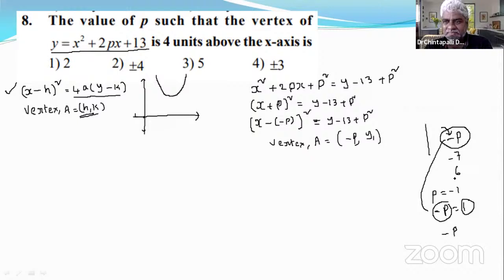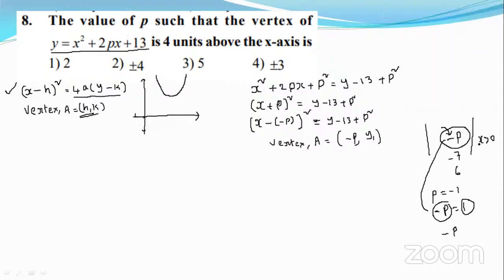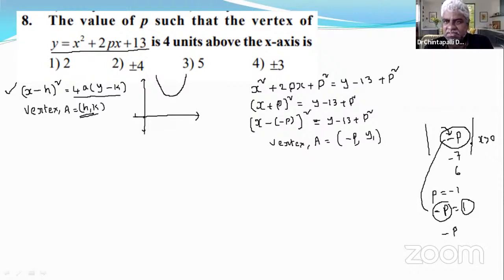To avoid this confusion, in case of variables, if you want to say it is positive, for example, if we want to say x is positive, then we write x greater than 0. Plus or minus does not indicate its sign.